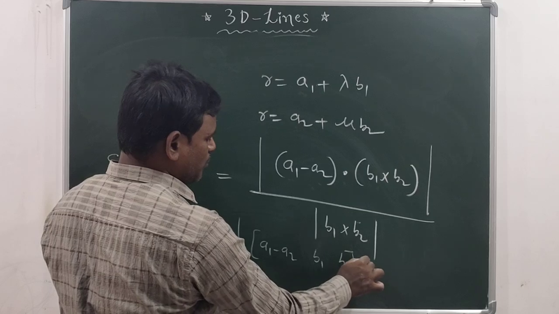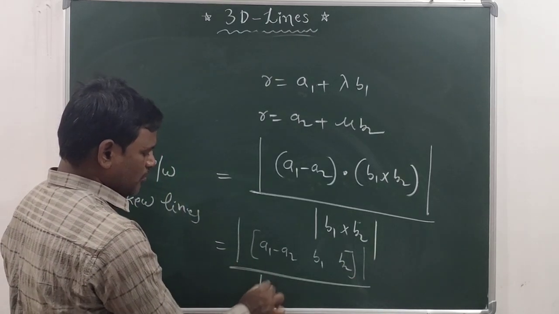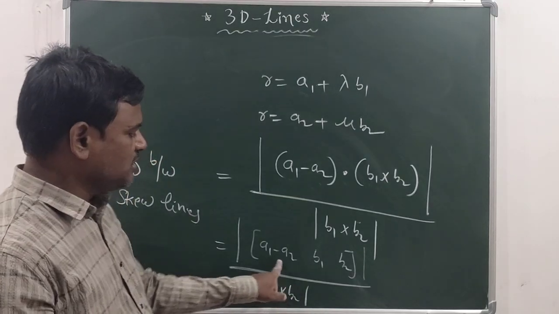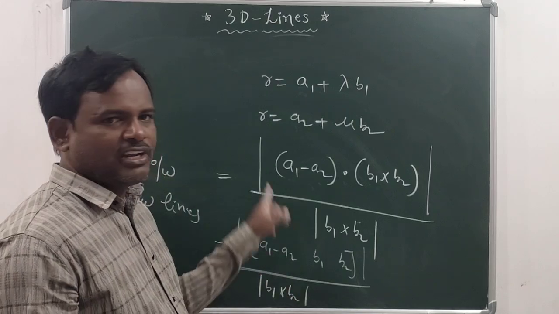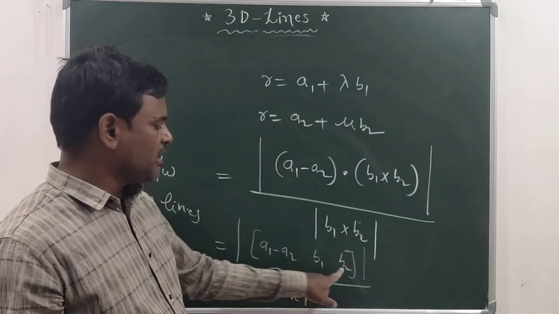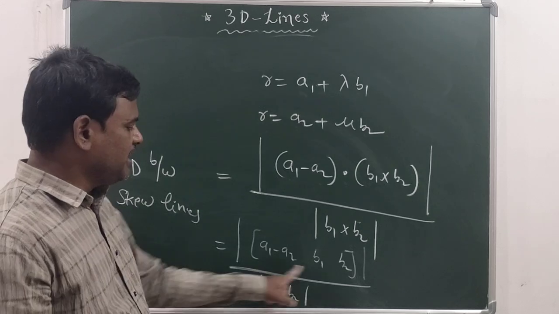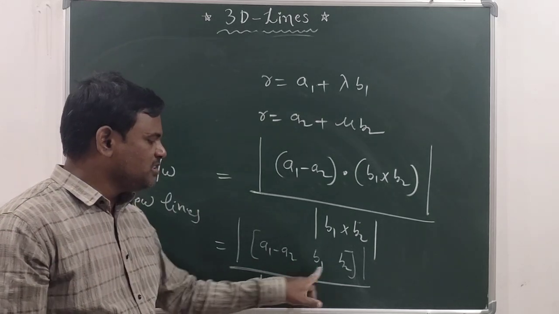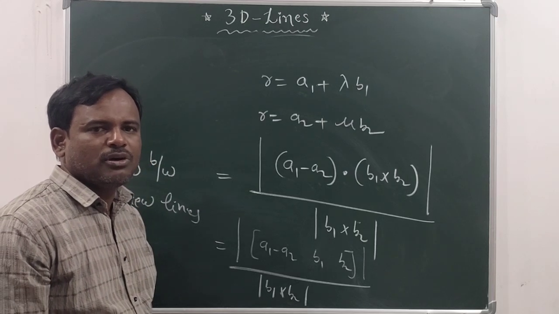Box means simply you have to find the determinant divided by the modulus of B1 cross B2. If you take the difference of these two, it should be written in the first row, this is the second row, this is the third row. Then evaluate the 3 by 3 determinant. It may be positive or negative.